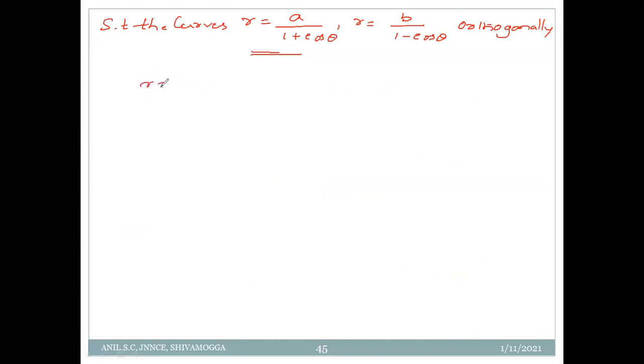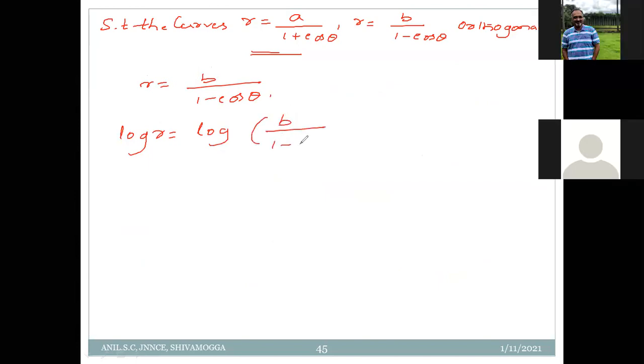R is equal to B divided by 1 minus cos theta. Take log on both sides. Log R is equal to log B divided by 1 minus cos theta.